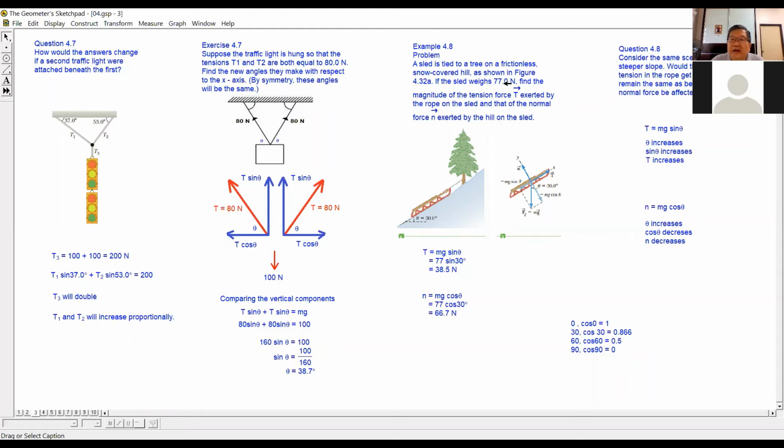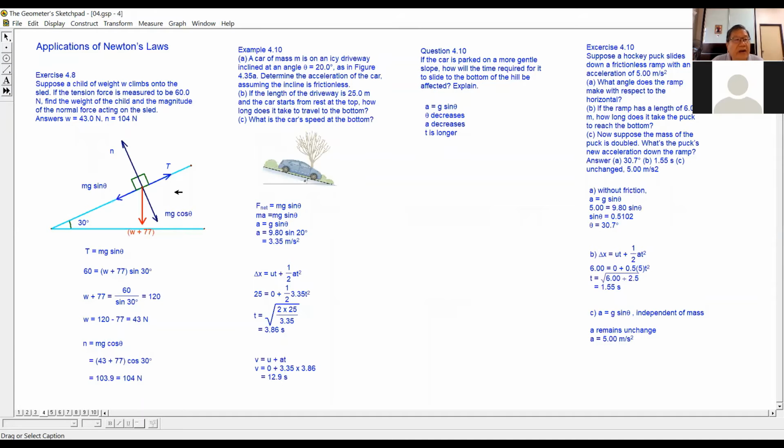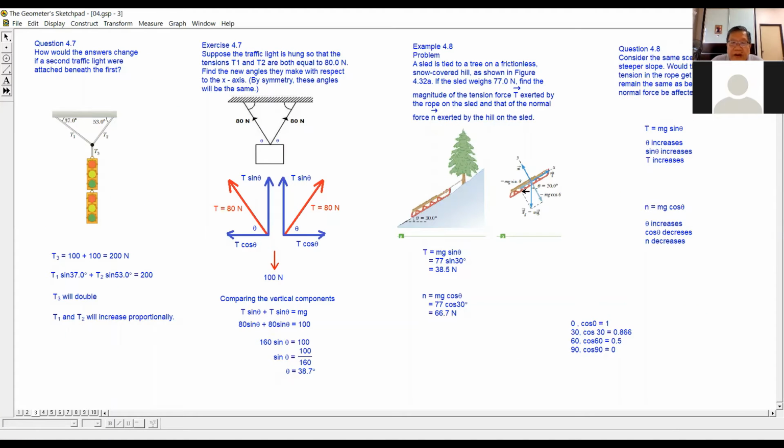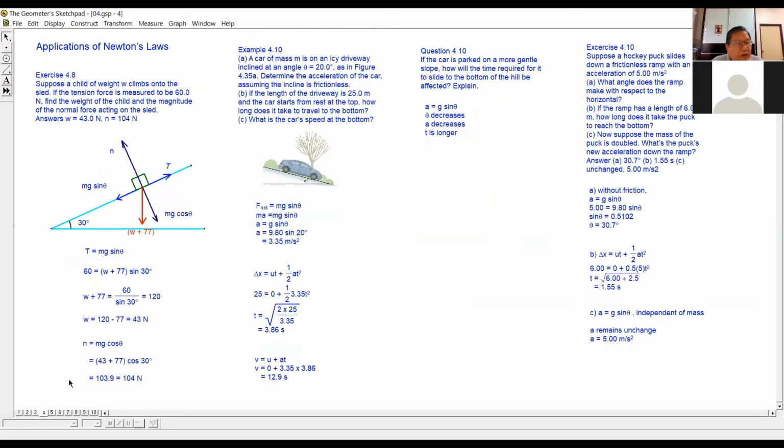Now, when a child climbs into this sled, the total weight is no longer 77. It is 77 plus W. You see, there's a diagram given here. So this diagram here, we transfer over here.